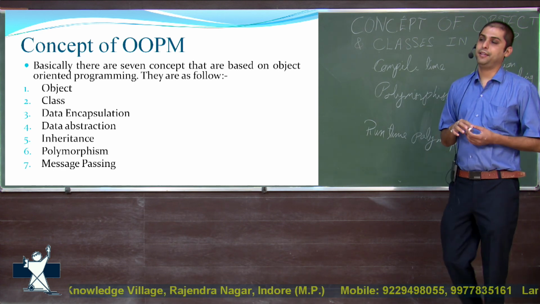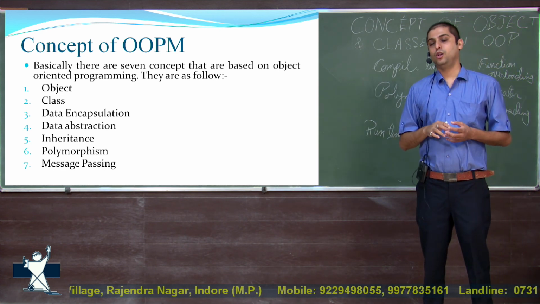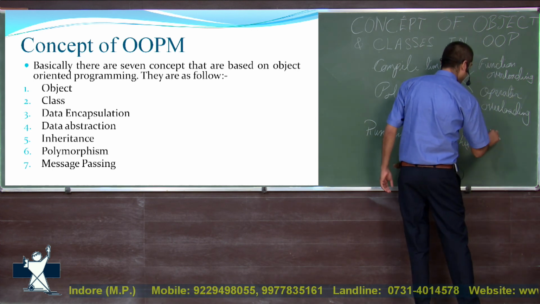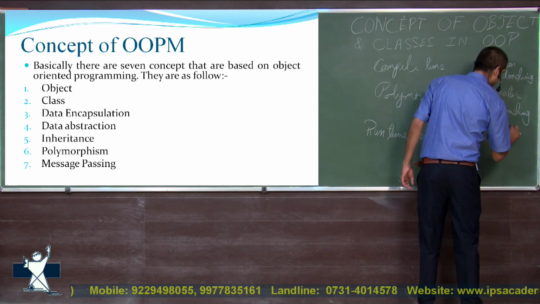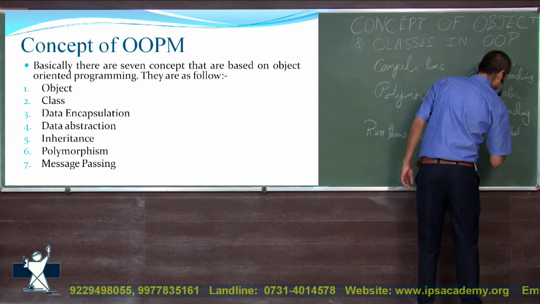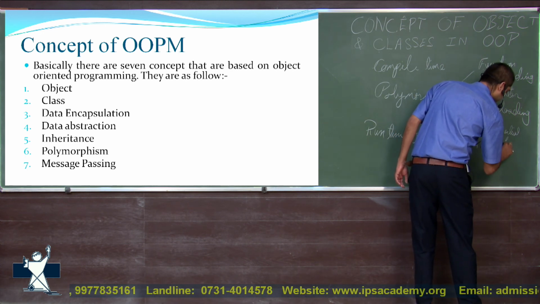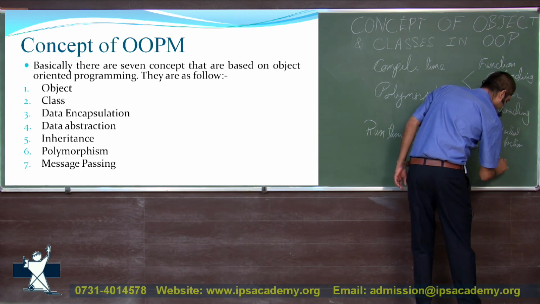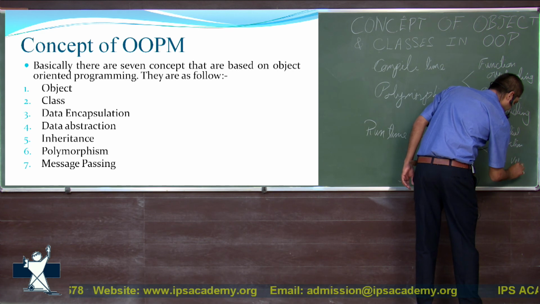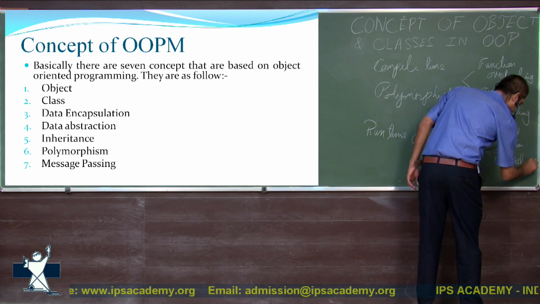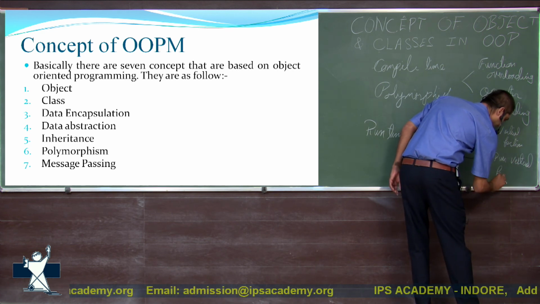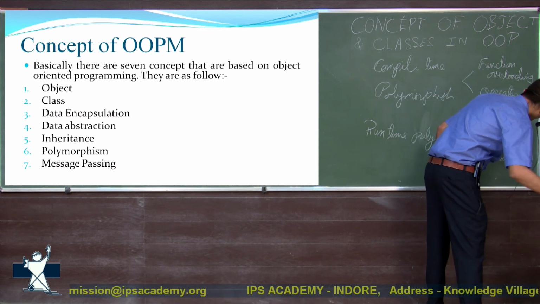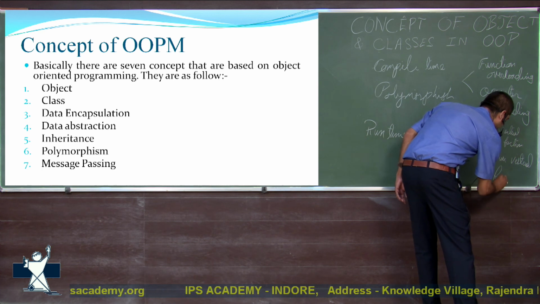Operator overloading is where we can overload binary and unary operators. And the examples of runtime polymorphism are virtual function and pure virtual function.